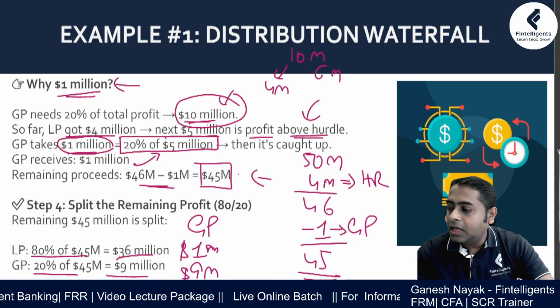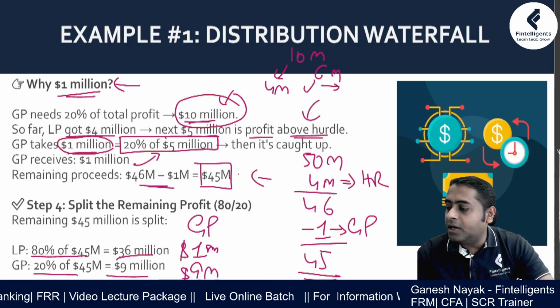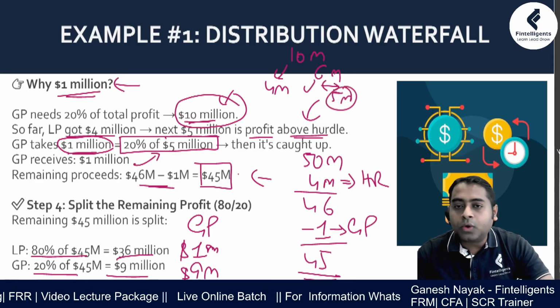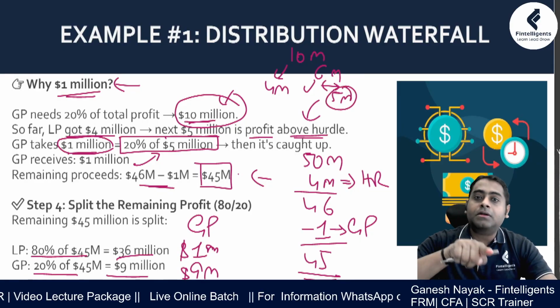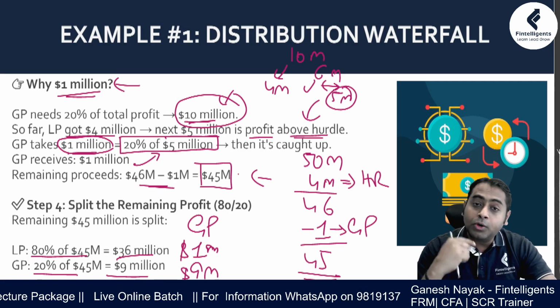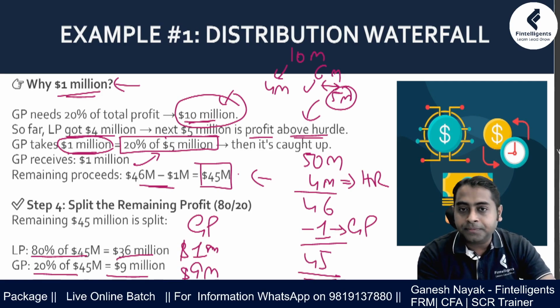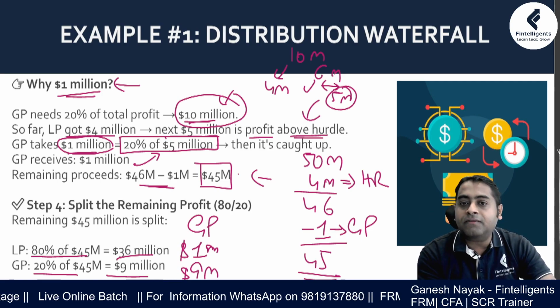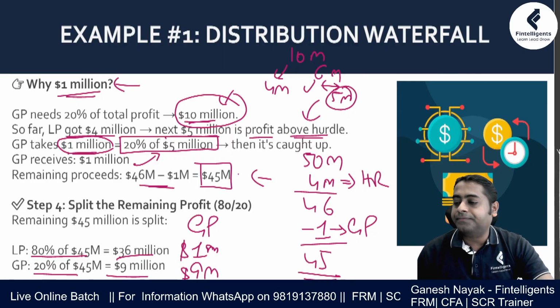I'm saying I'll take the remaining $5 million as a base, and then calculate 20% of the remaining $5 million. So I'm going to pay that $1 million immediately. You have to think it like this.